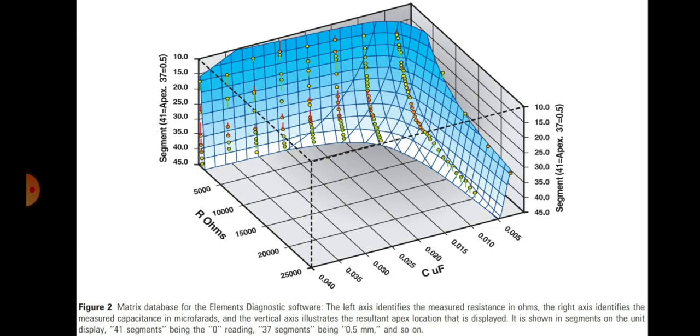It is shown in segments on the unit display, with 41 segments being the zero reading, 37 segments being 0.5 mm, and so on.